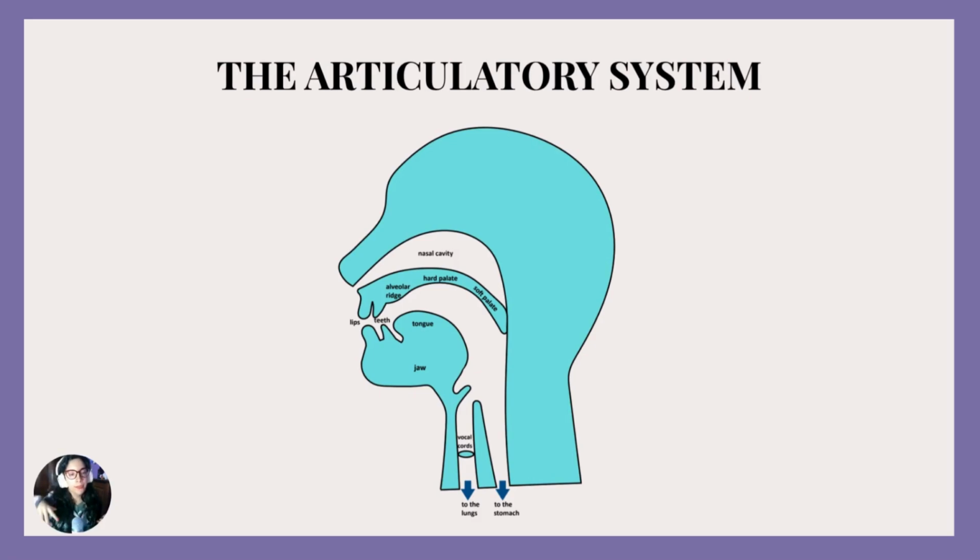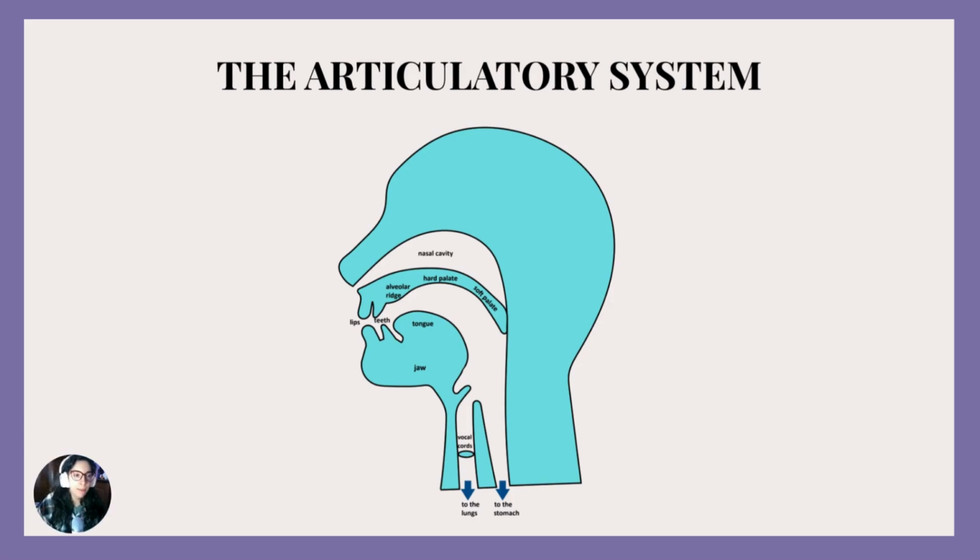Here we have a picture, a diagram of the articulatory system. We see the vocal cords right here, and we have the tongue, and the jaw. We use the jaw when we speak, but it's not one of the articulators.